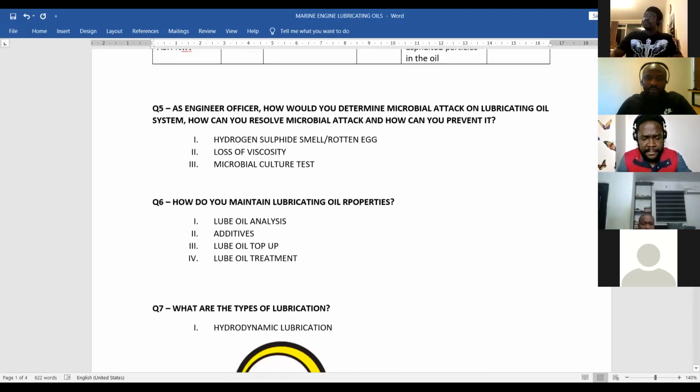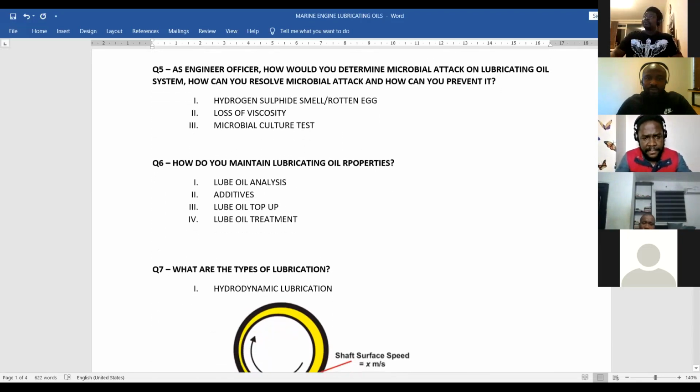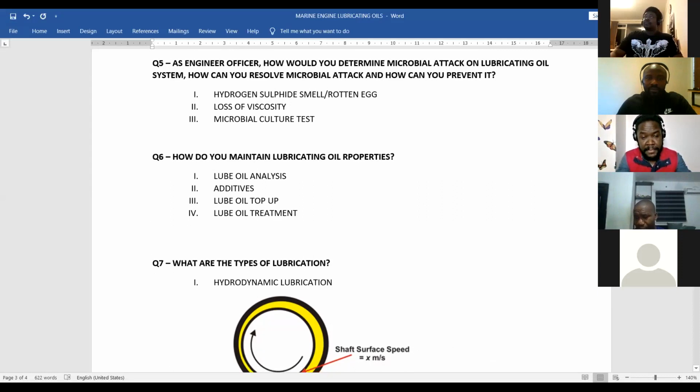And normally, another thing I want to talk about regarding lubricating oil is that when you are running most engines, you need to run the pre-lubricating pump. I've had one vessel that got damaged, bearing wiped, because the engineer on duty did not take note that the lube oil pump was actually not running properly.